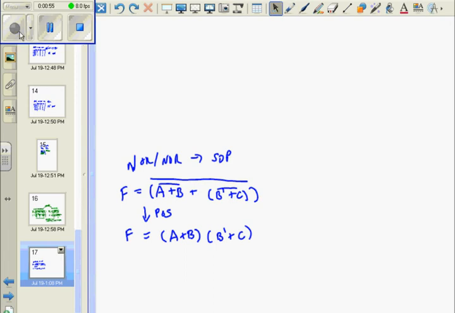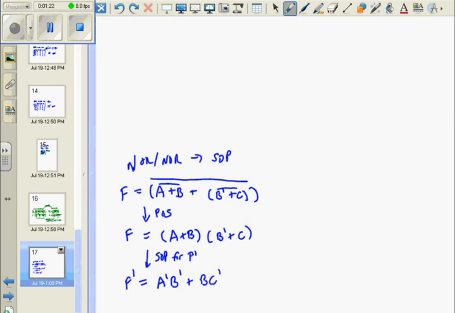So we've got the POS. Now to enter this into the K-map, it's easiest to get an SOP form for F0. So we're going to get F0 by taking the complement of both sides. So we're going to DeMorganize the right-hand side and get A0 B0 or B C0.